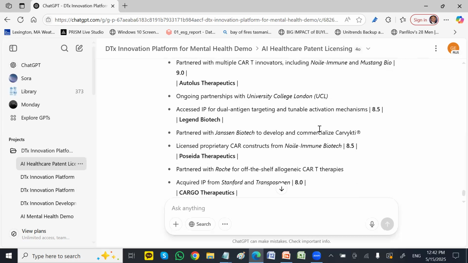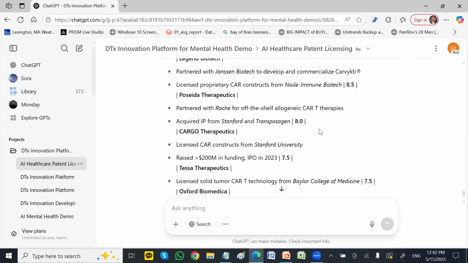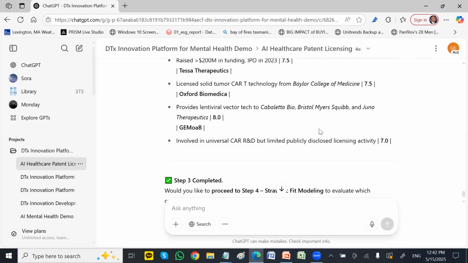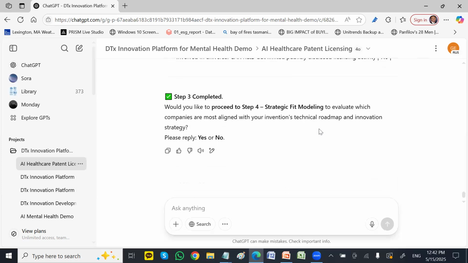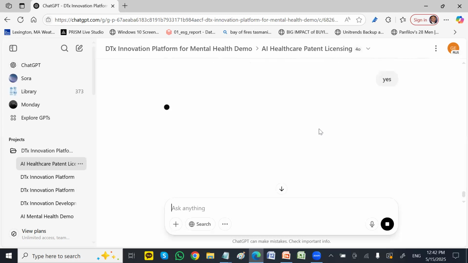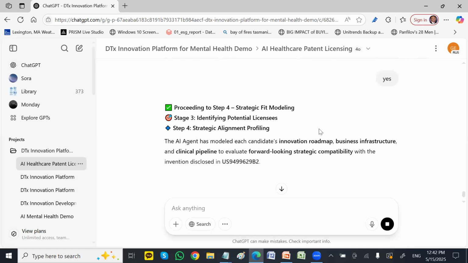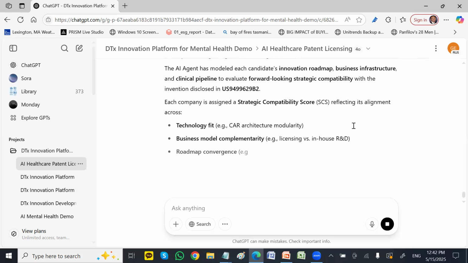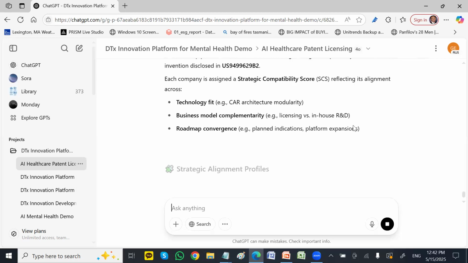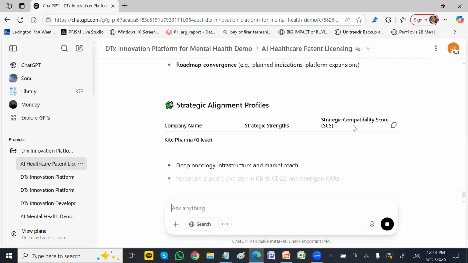So it gives each candidate's previous open information, and then a strategic fitting model fine tunes about each licensee and prioritizes which one is best, right? So strategic alignment profiling. It tries to tell you who might be the best fit.